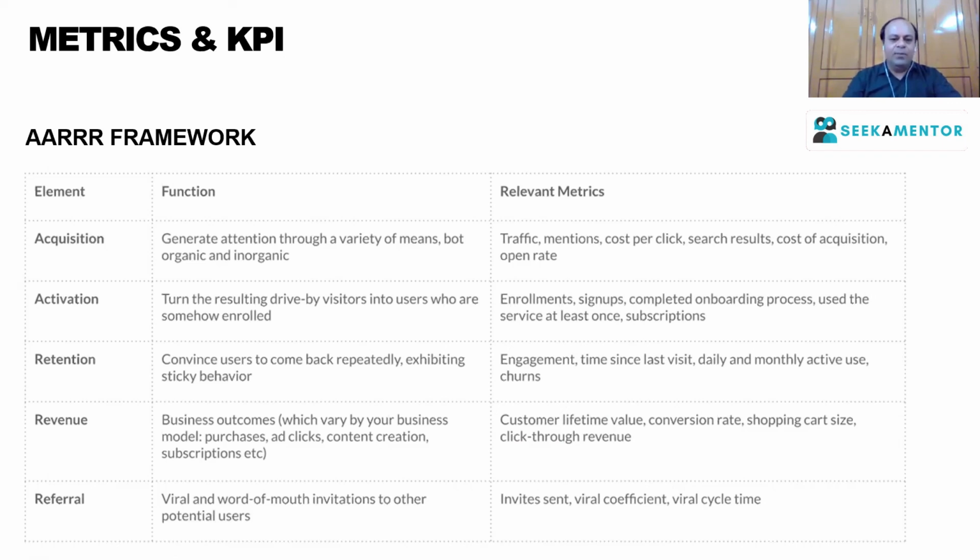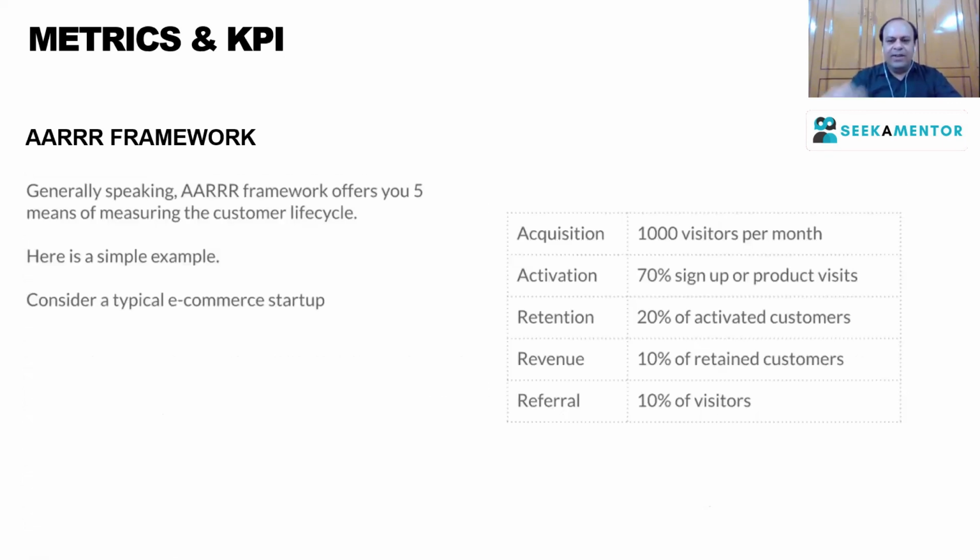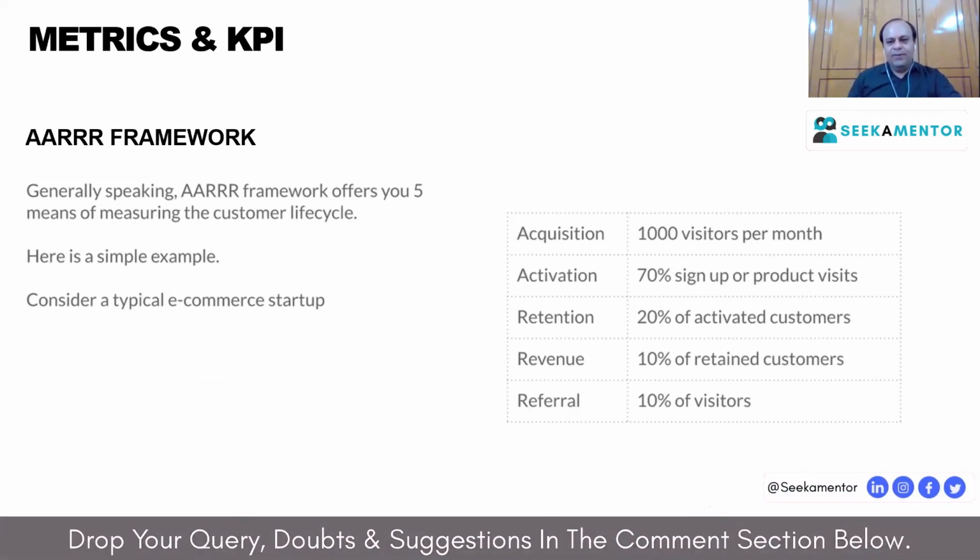Let me show you with the help of one basic example so that you can have clarity. Suppose 1,000 visitors are coming per month. That will be called your acquisition. That is the total customers coming to your newly designed app. Out of these 1,000 visitors, suppose 70% of the visitors have signed up, means they have registered on your app. That will be captured in the activation matrices.